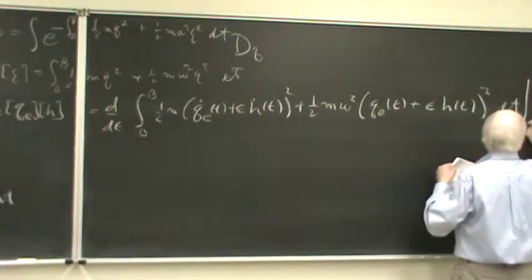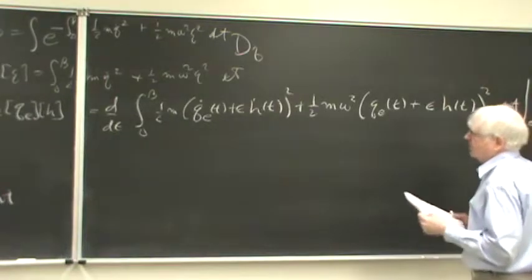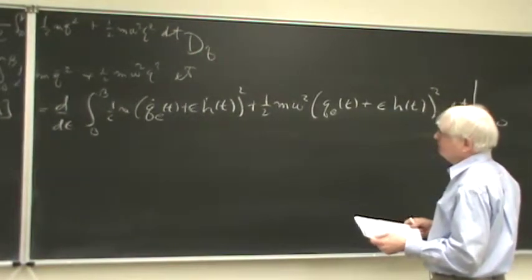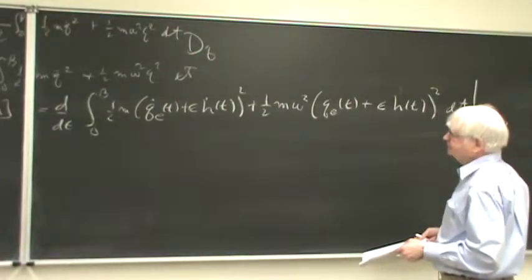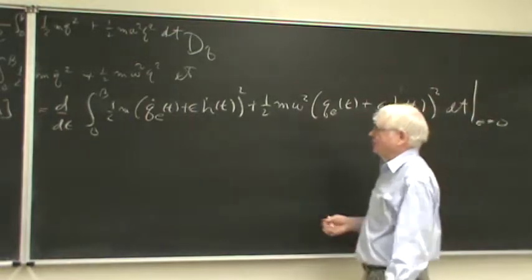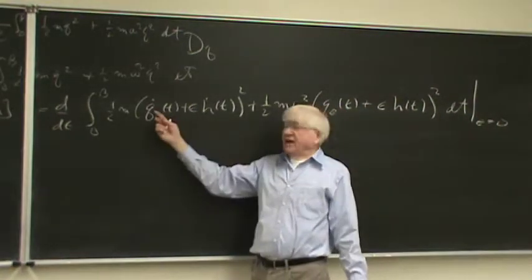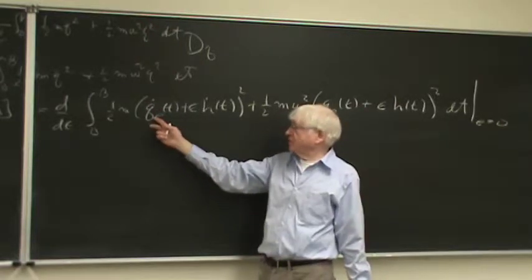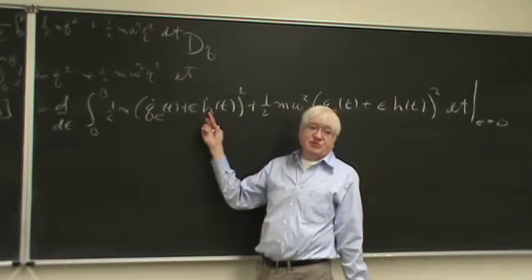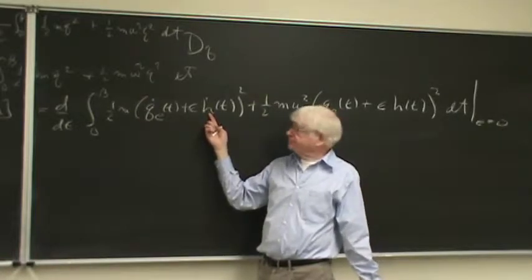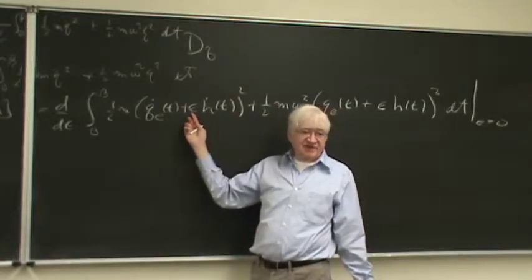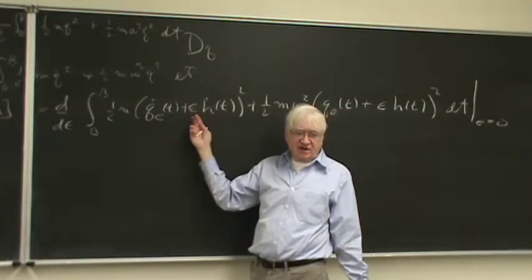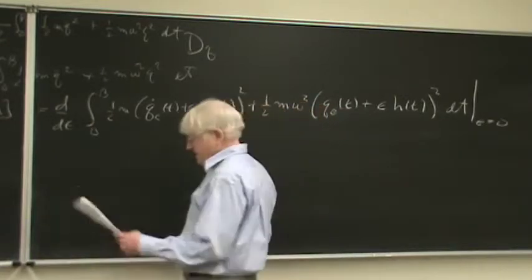And we're taking this derivative at epsilon equal to 0. Okay, so what have we done here? We've said we're adding to q Euclidean, the thing we're looking for, an arbitrary path, and we're multiplying it by an infinitesimal. So h is arbitrary, epsilon is tiny. And we take the derivative.